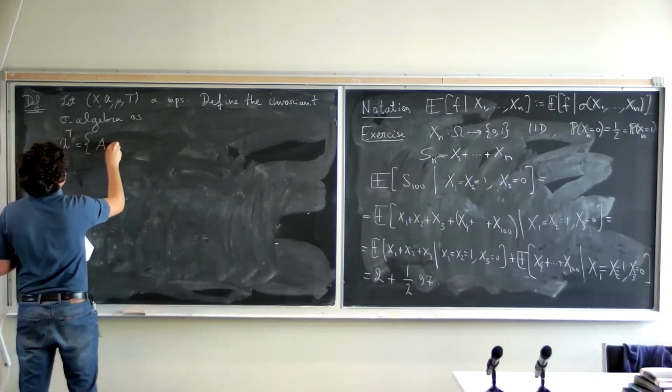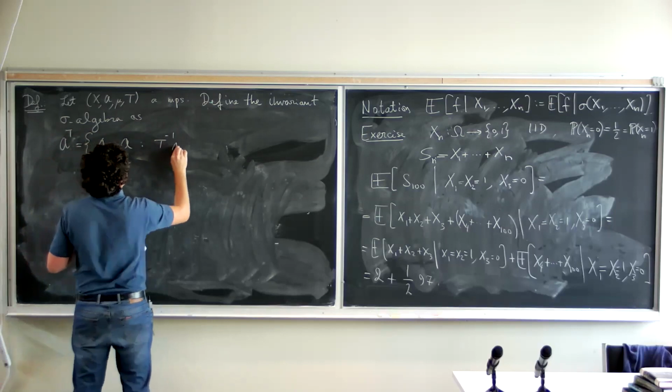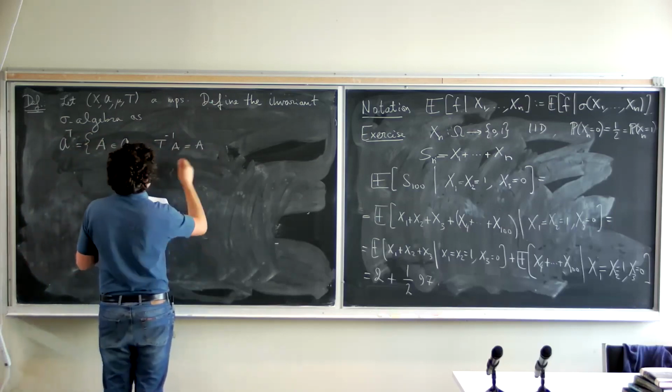These are all the sets in your sigma algebra that are invariant under T, in fact up to measure 0.